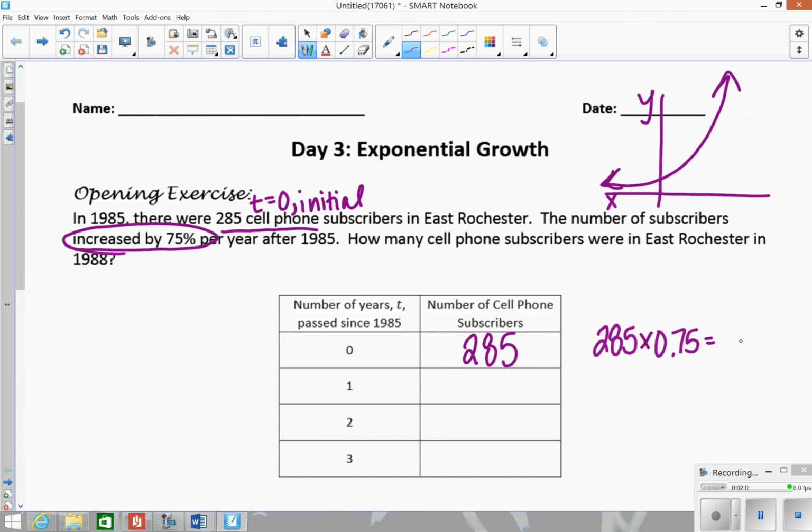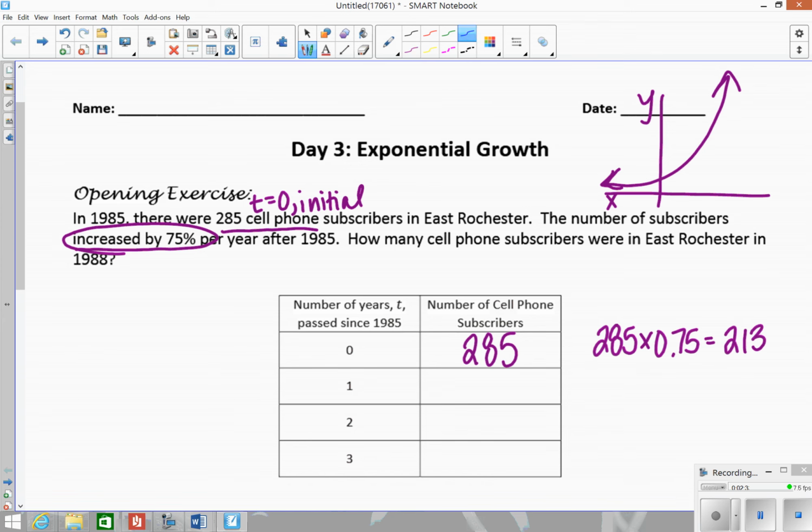So let's just keep it at 213 because we don't quite have that next whole number, even though you would round the 3 up based on the 7. In this case, we don't have quite 214 cell phone subscribers. We only have 213.75, so we're going to round down and just say 213 because we don't quite have that whole number to round up.